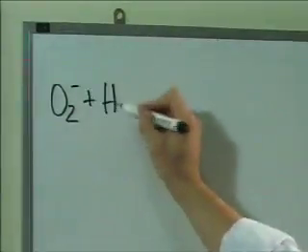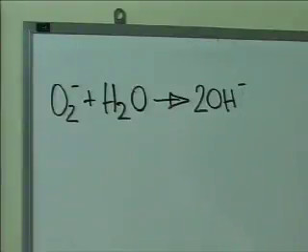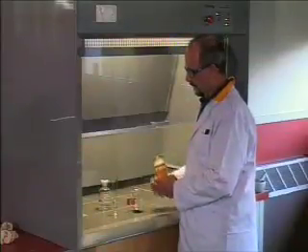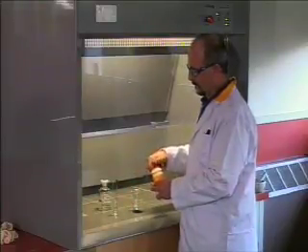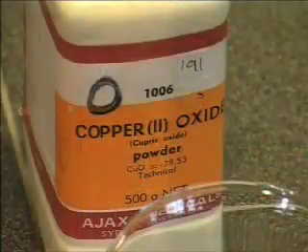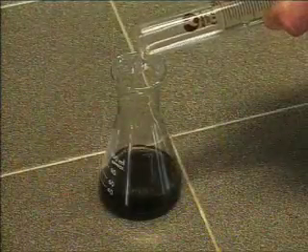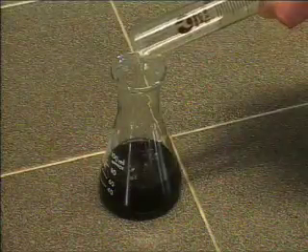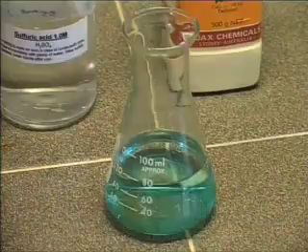Soluble oxides combine with water molecules to form hydroxide ions, like this. When an acid is added to an oxide, salt and water forms. Here's an example. We take copper oxide, add sulfuric acid, and our products are copper sulfate and water.